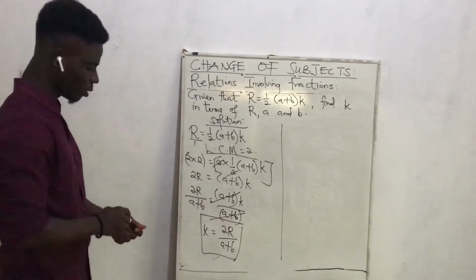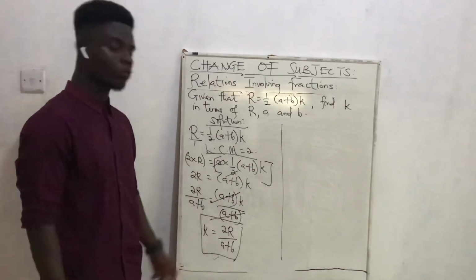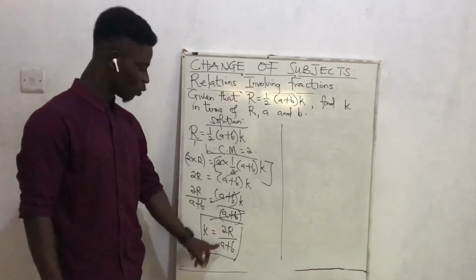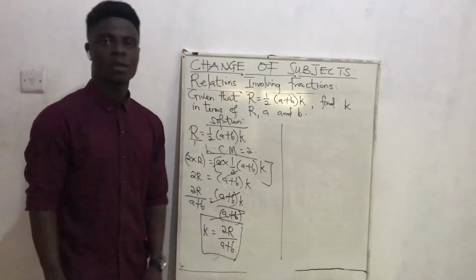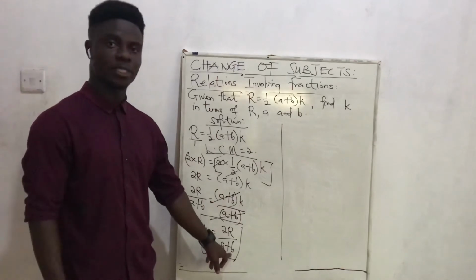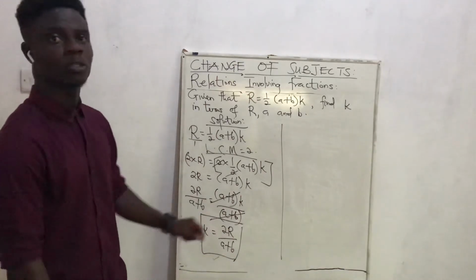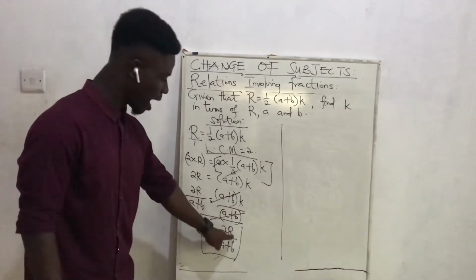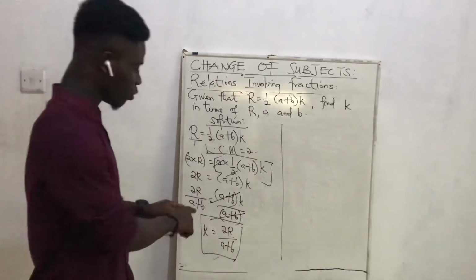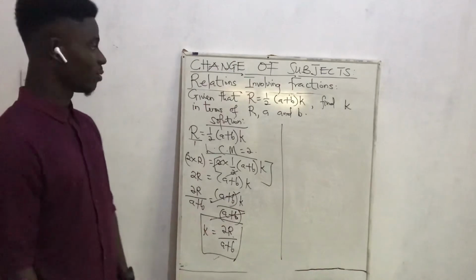So we found k here. Find k in terms of what? R, a and b. So make sure that r and a and b appear inside your relation.